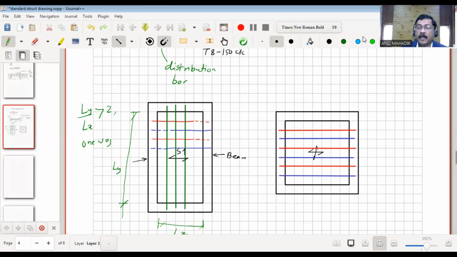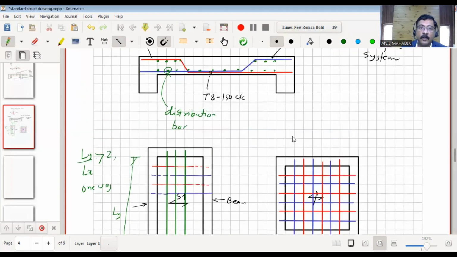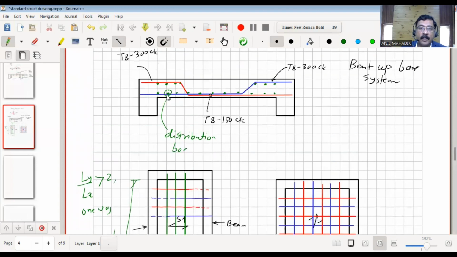And also in this direction, we will have main steel. In that case, these dots which I'm showing in green color, it will be main steel for two-way slab. That's it. That is the difference. And the detailing will be same like this.